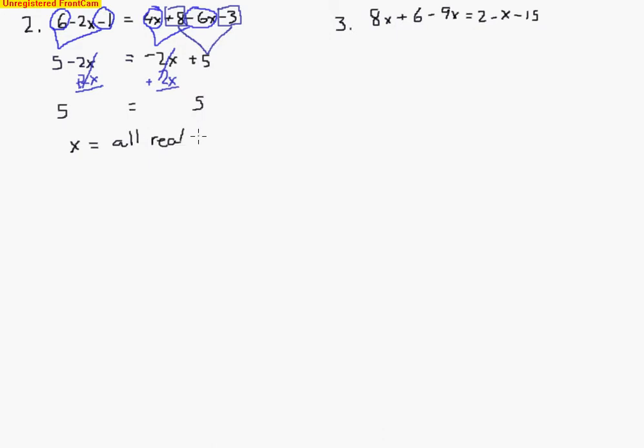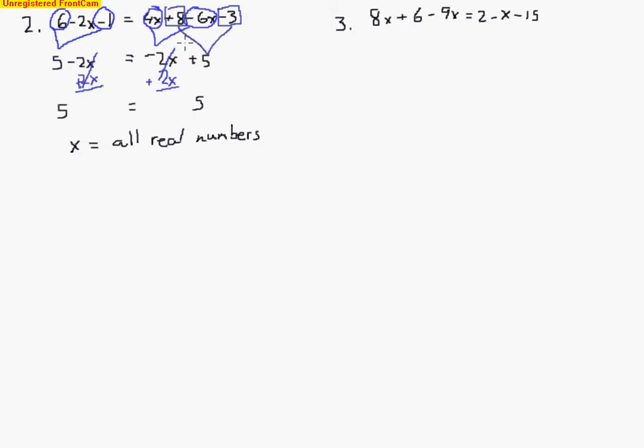And that would be our answer. So once in a while we'll end up with that situation where the x terms cancel out and we have just two numbers and the equal sign. Well, this is what we'd write down. X is any number. We could put any number in for x, and when we do that on both sides, we'll come up with the same value.